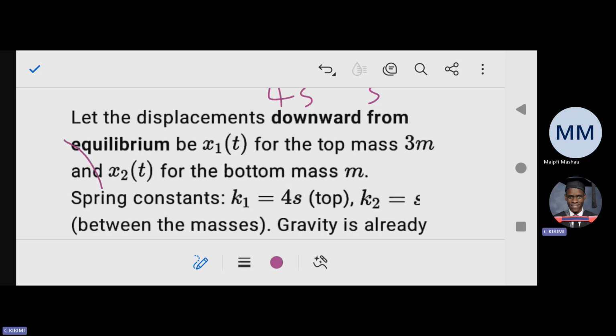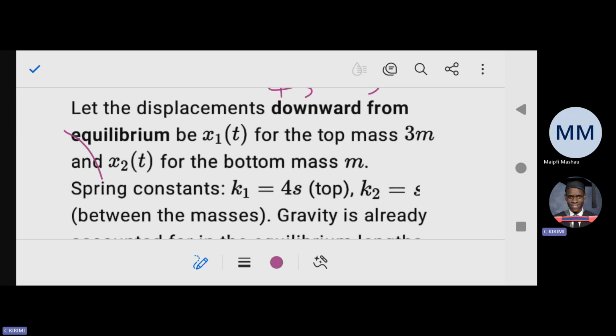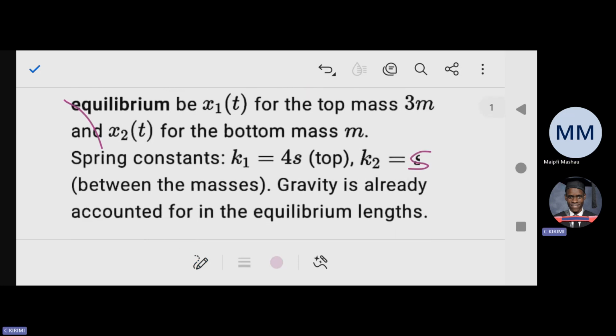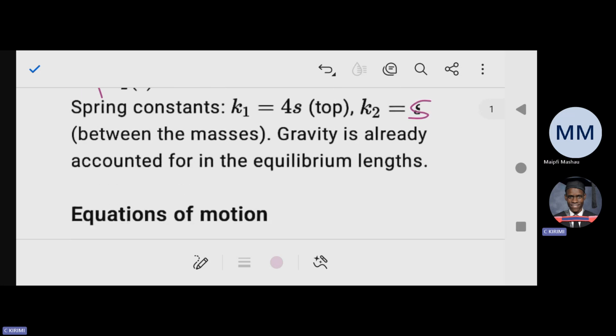For the spring constants, spring constant K1 is 4S, and spring constant K2 is just S. Between the masses, gravity is already accounted for in the equilibrium length.